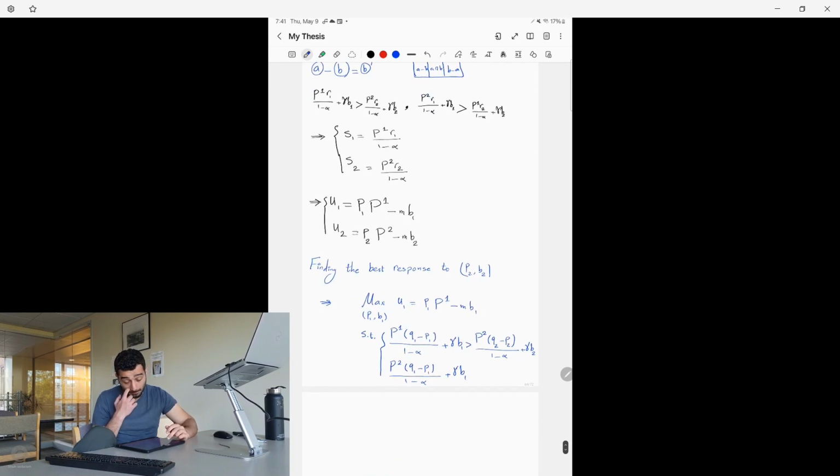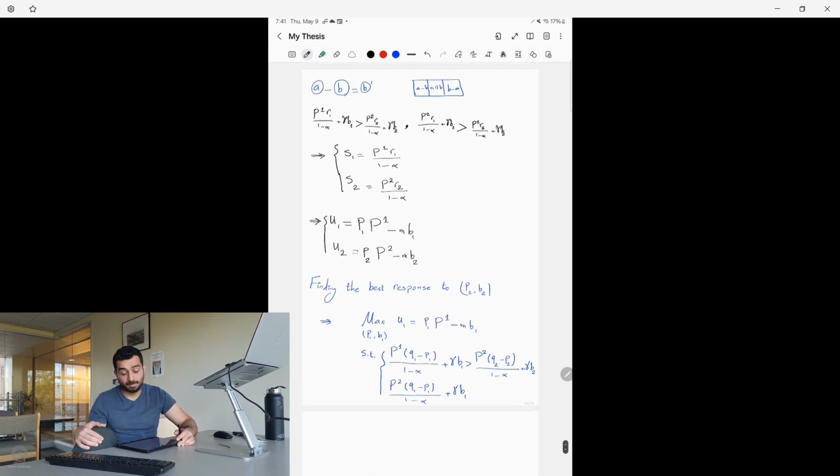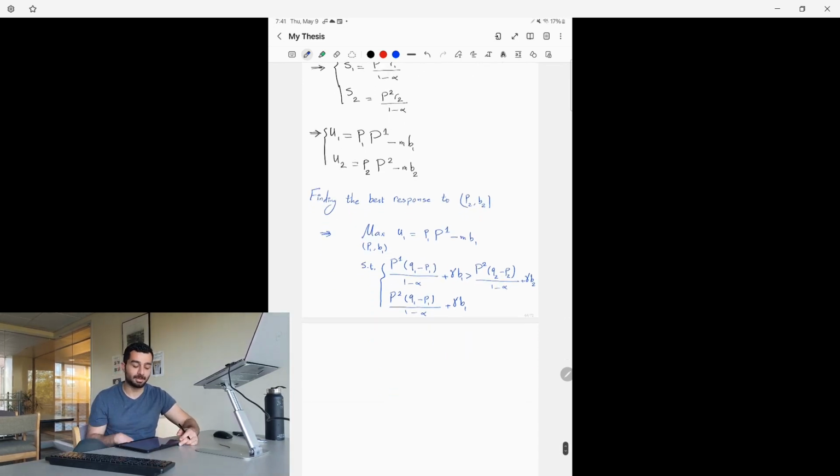So that's the situation here. Once we have A minus A, so B prime, therefore B prime is a subset of A. So once we have both constraints, we just want to limit ourselves to it.